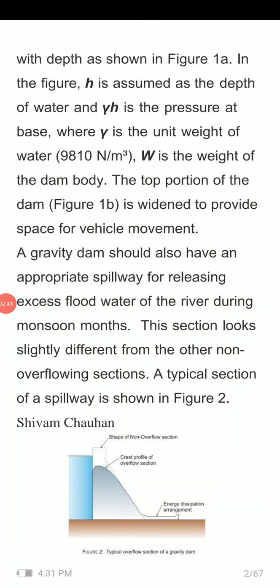In continuation of our discussion, I've told you about the water pressure P equal to gamma H at the base, where gamma is the unit weight of water, having the value of 9.8 kilonewton per meter cube or 9810 newton per meter cube, and capital W is the weight of the dam body.